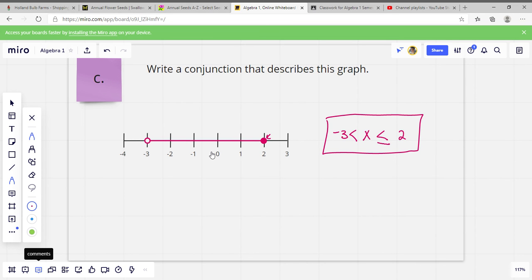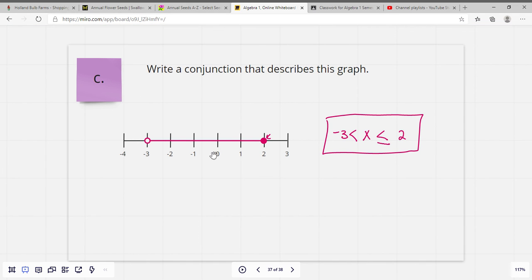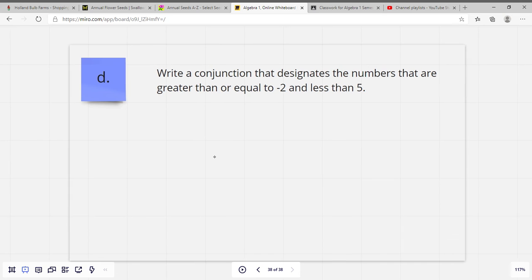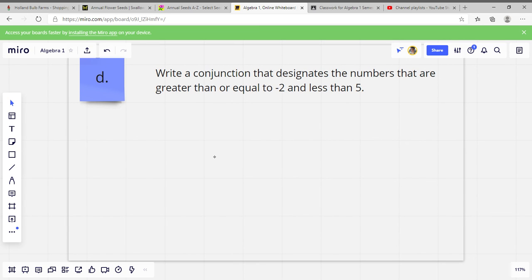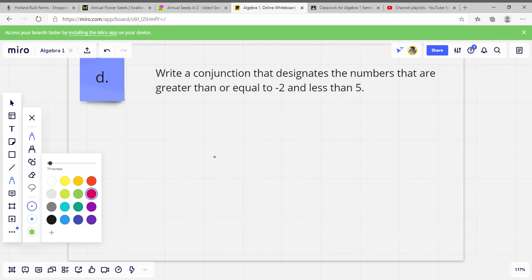Okay, and I think there was one more. Write a conjunction that designates the numbers that are greater than or equal to -2 and less than 5.